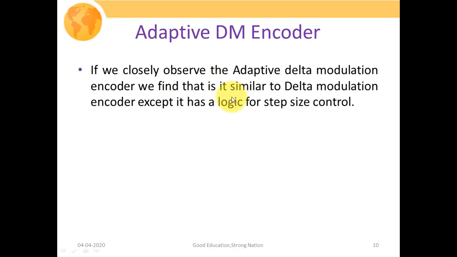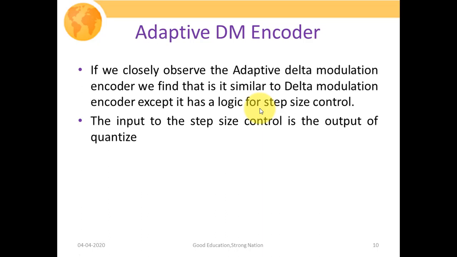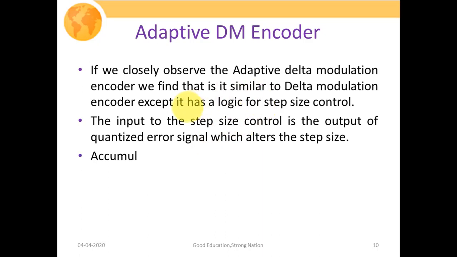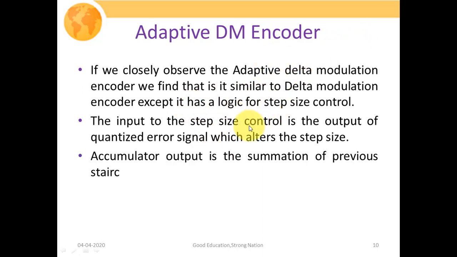So if we closely observe the adaptive delta modulation encoder, we find that it is similar to delta modulation, but in addition it has the logic for step size control. That means with the help of certain logic, it increases or decreases its step size. The input to the step size control is the output of the quantized error signal, as we already discussed.